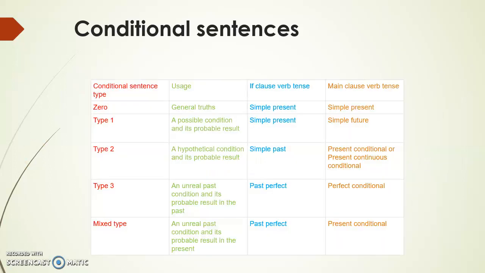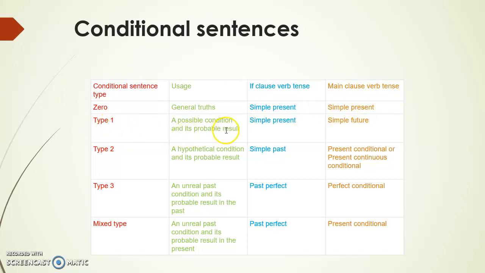But how is the structure of this type of sentence made? Conditional sentence type 0 is used for general truth, and the if clause verb tense is simple present, and the main clause verb tense will be simple present.